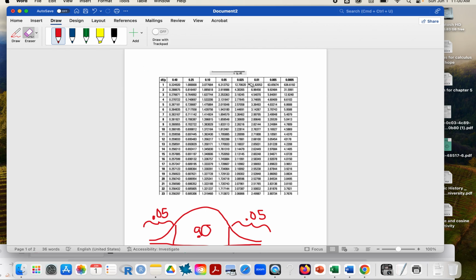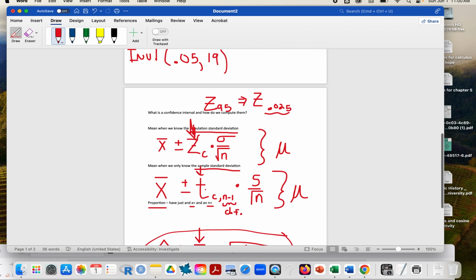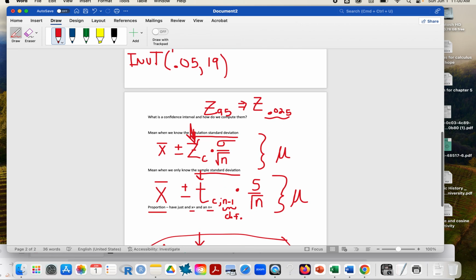So if our area in the tail is 0.025, we're up here. See the 0.025. And again, we draw it, but if our area in the tail is 0.05, we go to this spot, the 0.05. And then our degrees of freedom is the sample size minus 1. So we just traveled down to, and I said 19 because that's our degrees of freedom. And so we would travel over here and we'd say, oh, there's our critical value. It's 1.729. And the value that gets used in this piece of the formula is 1.729.